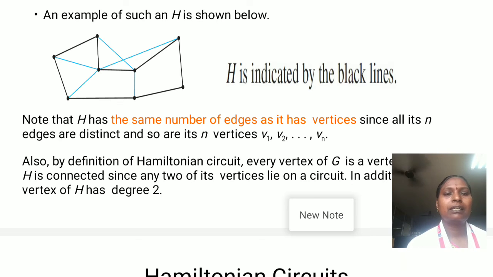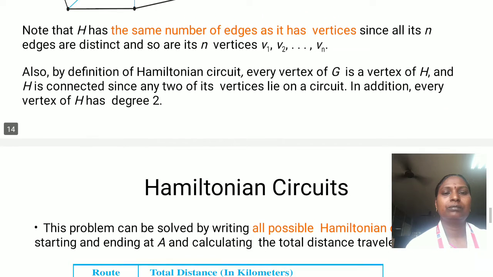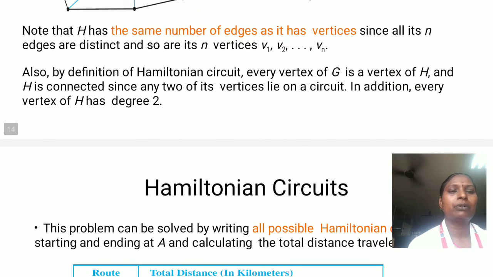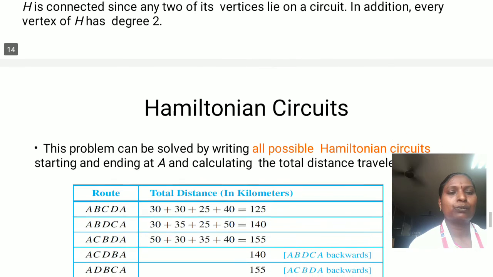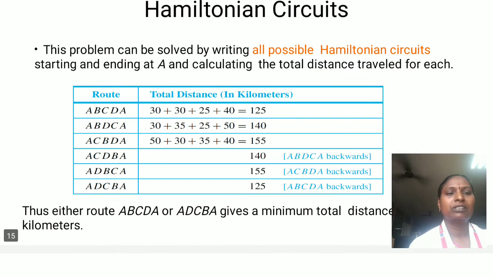Therefore, it is a Hamiltonian circuit. Also, by the definition of Hamiltonian circuit, every vertex of G is a vertex of H, and H is connected since all of its vertices lie on a circuit. In addition, every vertex of H has degree 2.